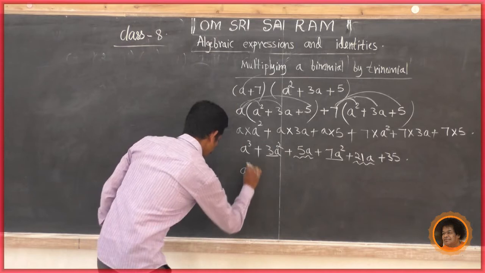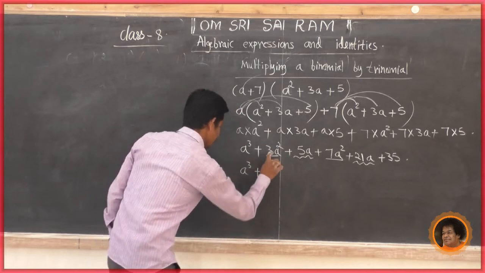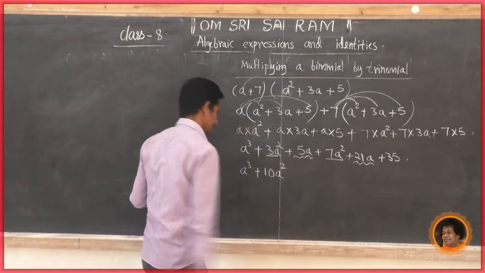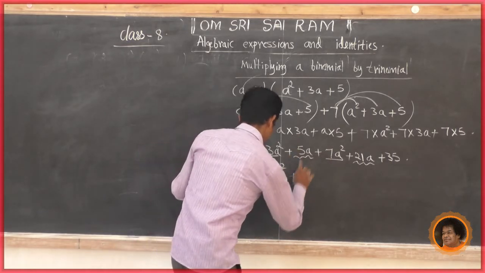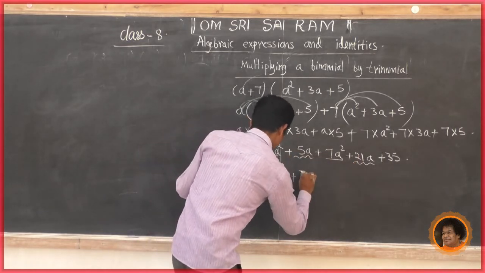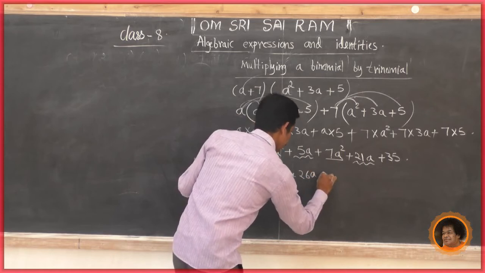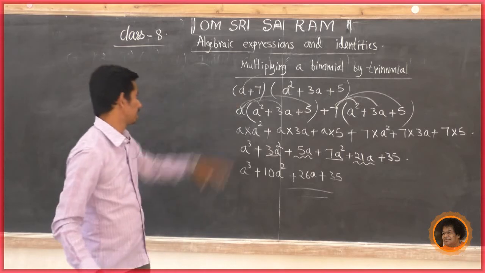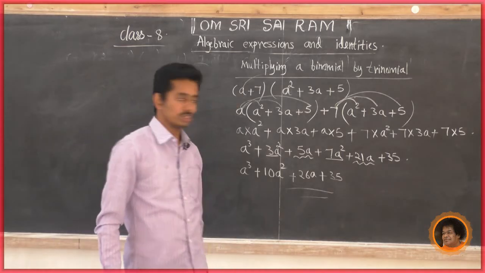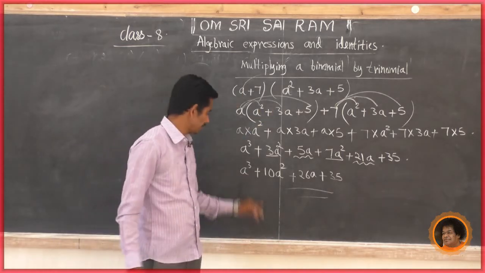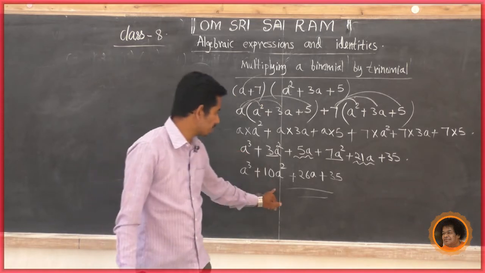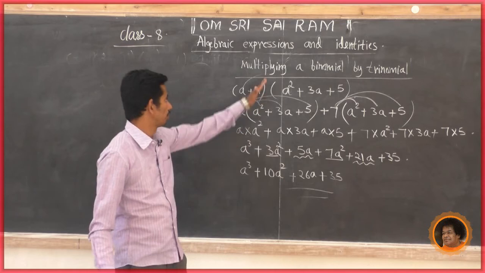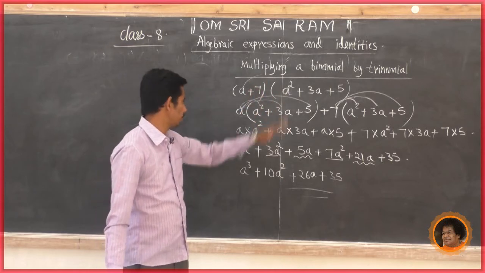So a cube plus 3a squared plus 7a squared becomes 10a squared plus 5a plus 21a is 26a plus 35. So what is the product of this a plus 7 into a squared plus 3a plus 5? A cube plus 10a squared plus 26a plus 35 is the product of a plus 7 into a squared plus 3a plus 5.